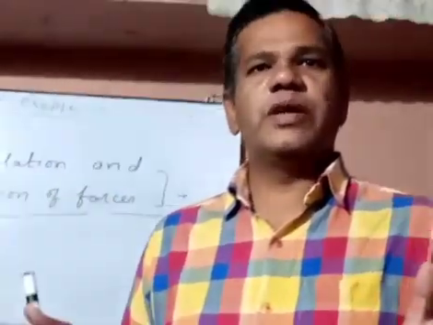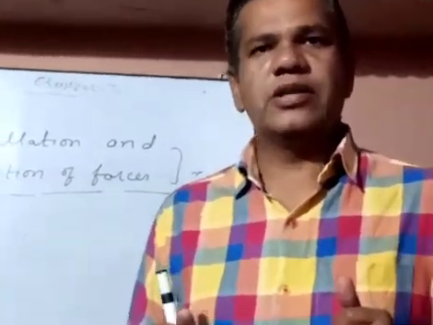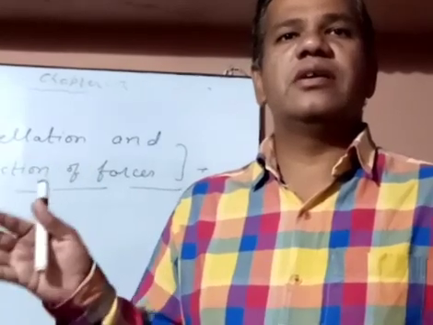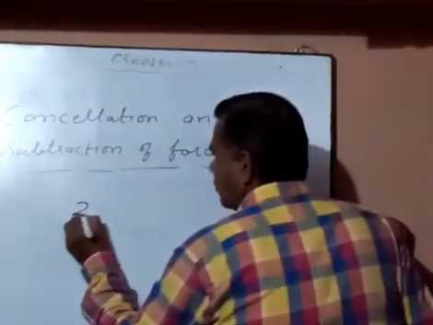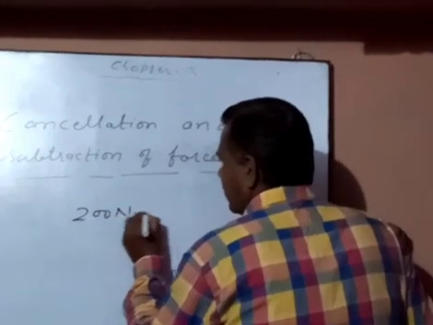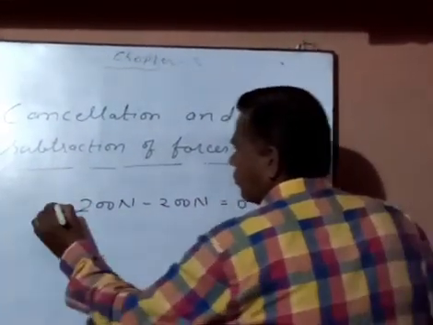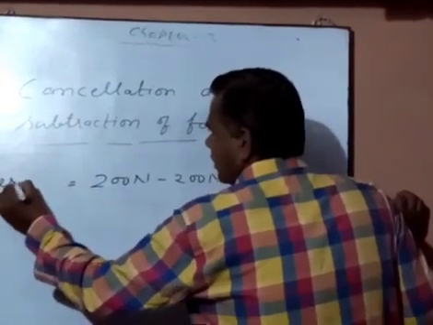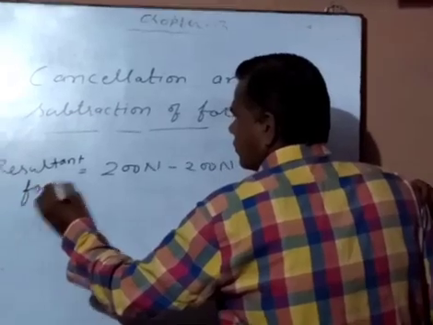As the forces are equal and opposite in direction, they cancel each other. So we write 200 Newton minus 200 Newton equal to 0. That is the resultant force.